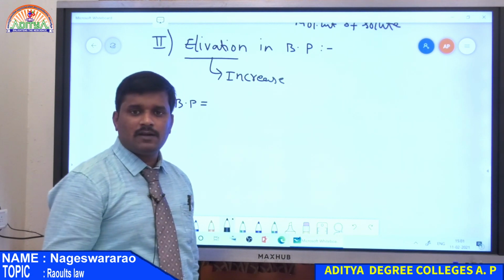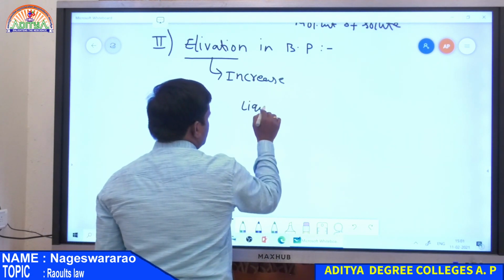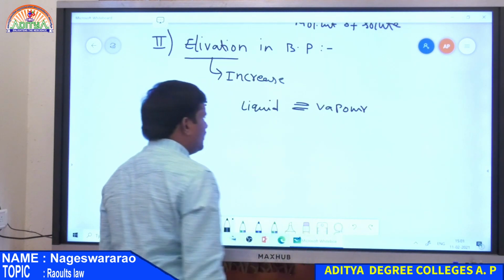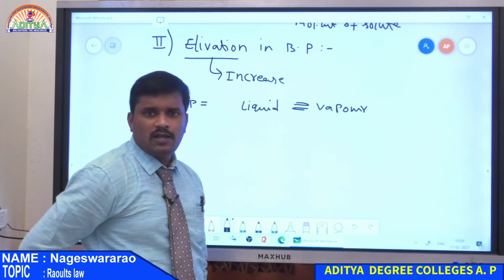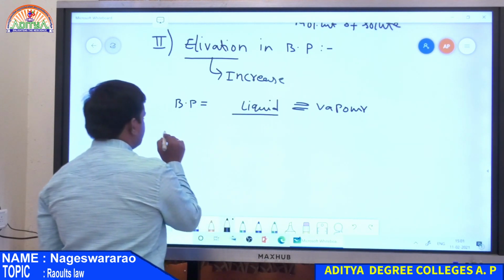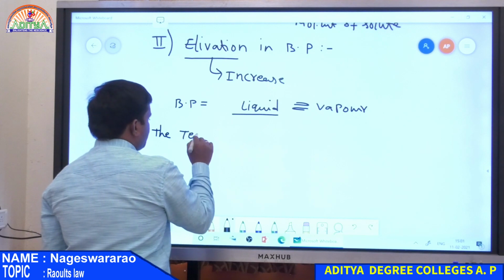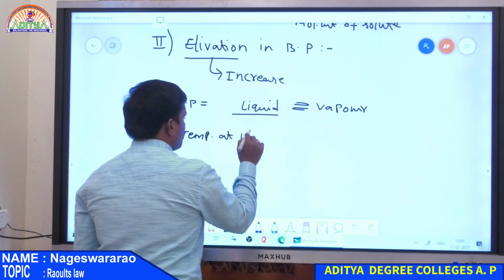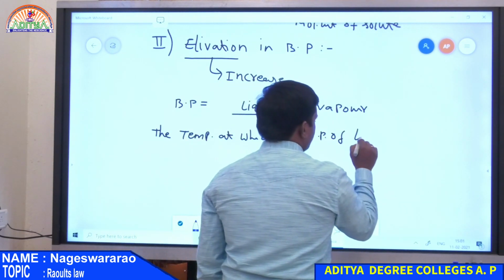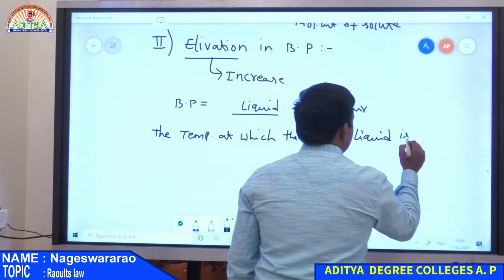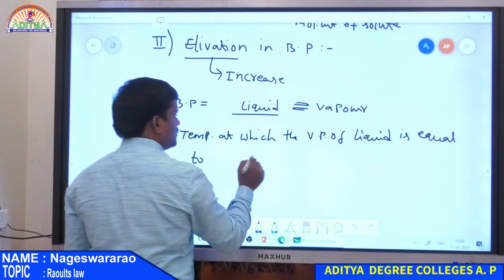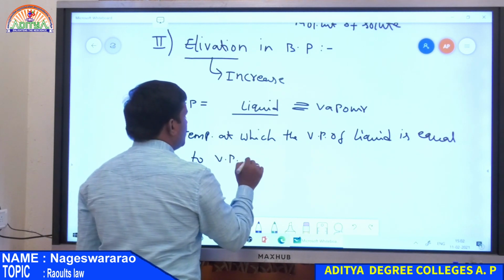At that temperature the liquid is converted into vapor, and this is only possible when the vapor pressure of the liquid is equal to the vapor pressure of the atmosphere.